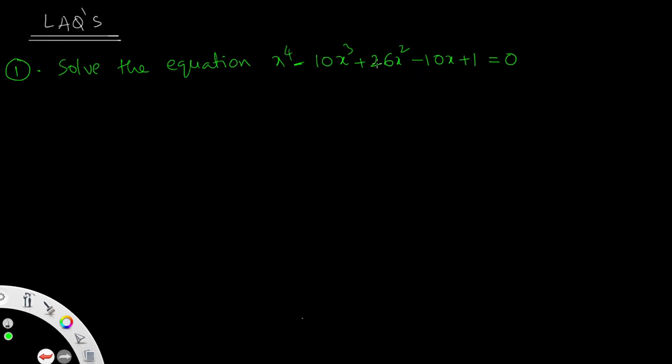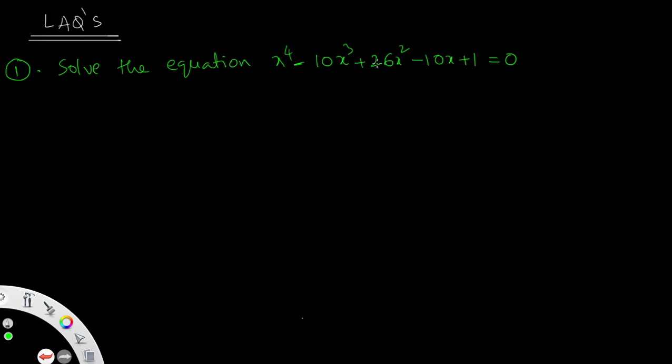The method of solving this reciprocal equation is dividing by x squared. This is an even degree class 1 reciprocal equation.